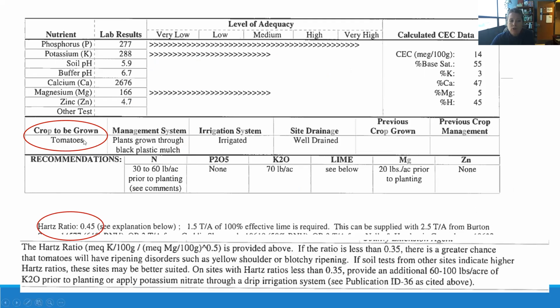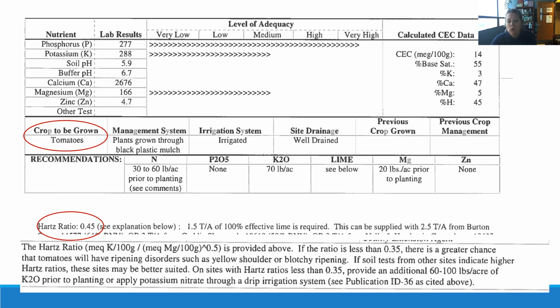So the crops to be grown, right? For tomatoes, it's really important, especially for fruiting crops like tomatoes or peppers, that you actually put this in there. And specifically for tomatoes, if you put this in there, you will get a Hart's ratio. And that is your potassium and magnesium ratio. Basically what that indicates is your risk for ripening disorders.